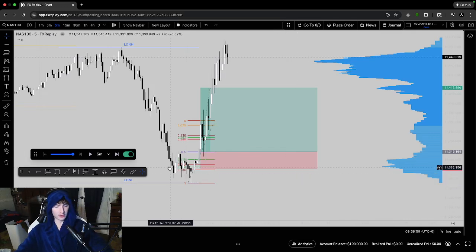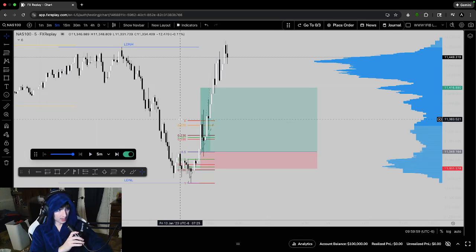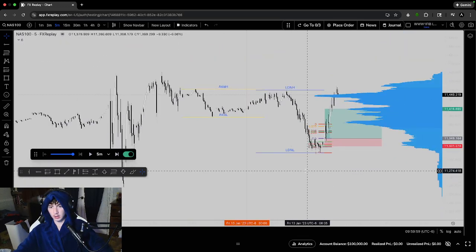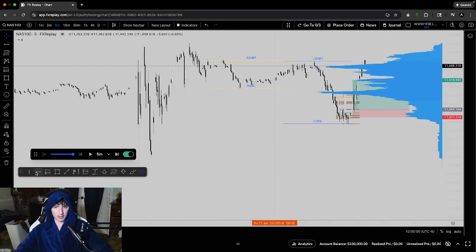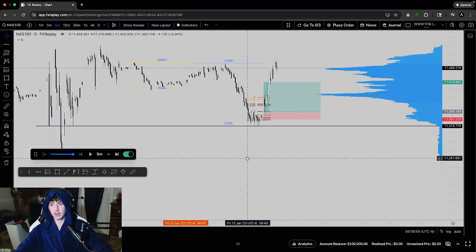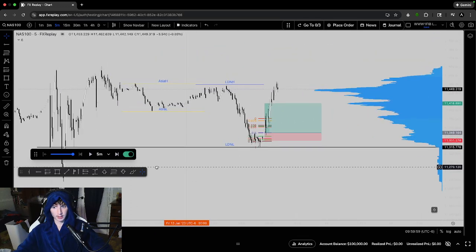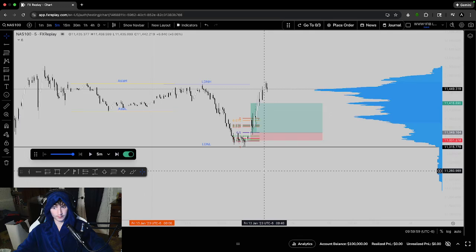Okay, let me explain my reasoning so I can look back at this and understand why I decided to do that. We had support right here, directly at this level, and it looks like we were holding that.